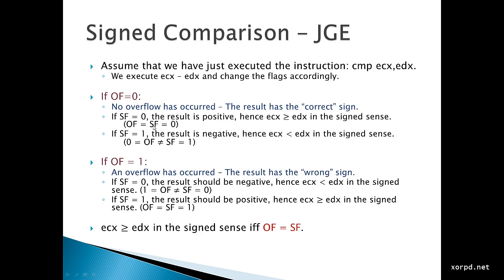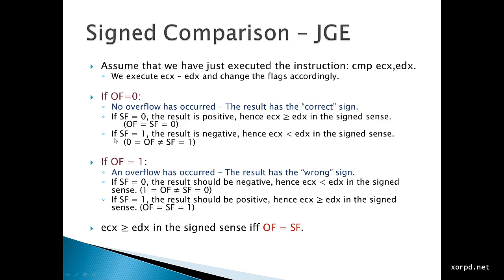So both of them equal 0 and they are equal. So this is one of the cases where the overflow flag and the sign flag are equal, just like the condition of the jump greater equal, and at the same time we have that ECX is greater or equal than EDX. So this case is compliant with this condition.